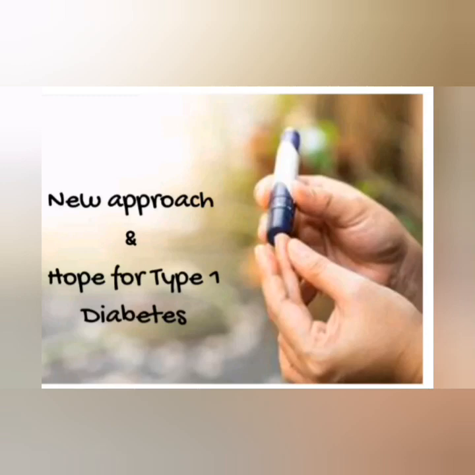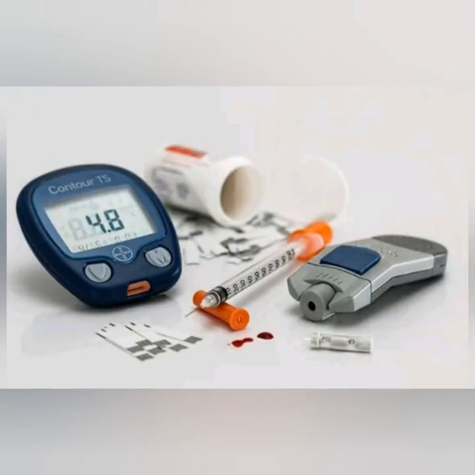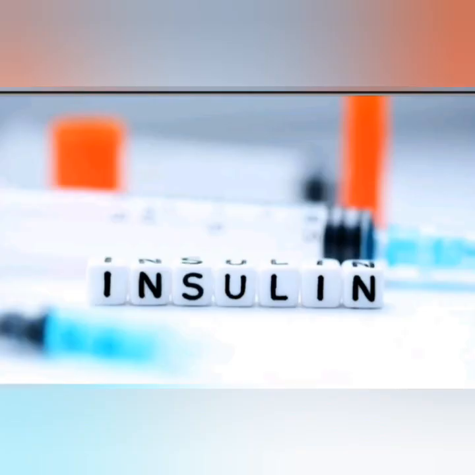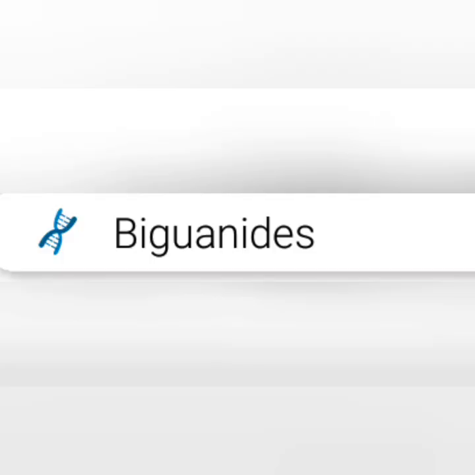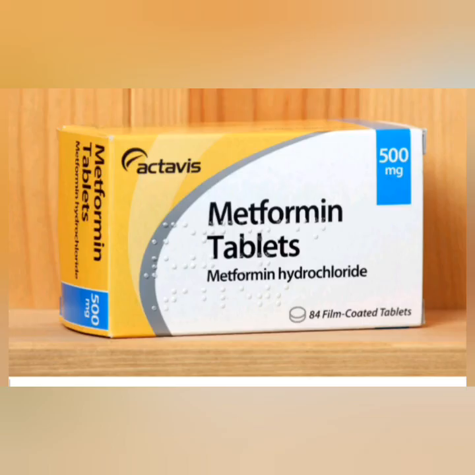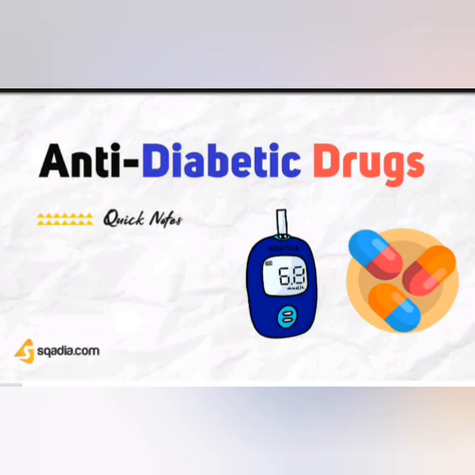So let's quickly look into the main thing, which is the type 2 management of diabetes mellitus. Like I said earlier, we are going to look at the different classes, their mechanisms of action, and their examples. First on the list, we have the biguanides class. Biguanides work to reduce elevated blood sugar. How do they work?